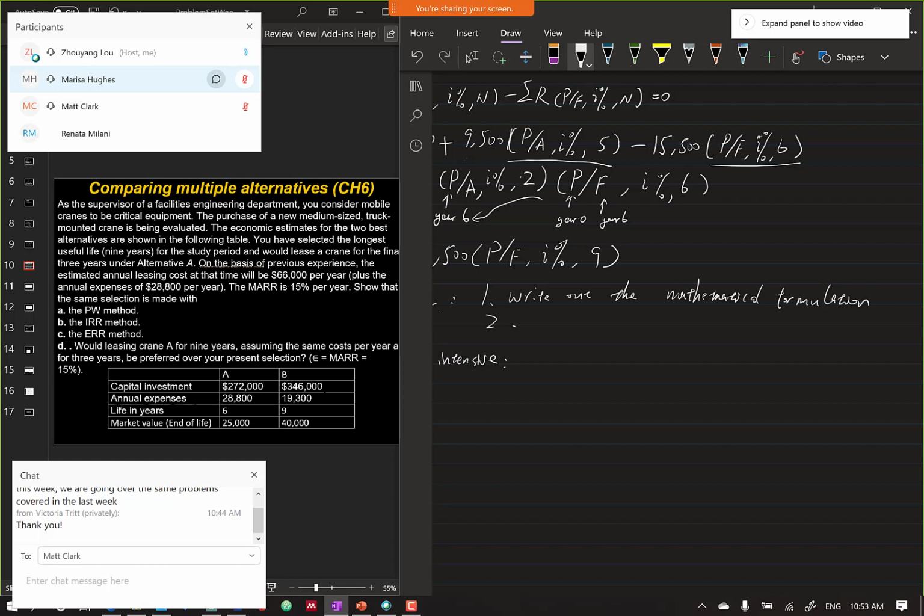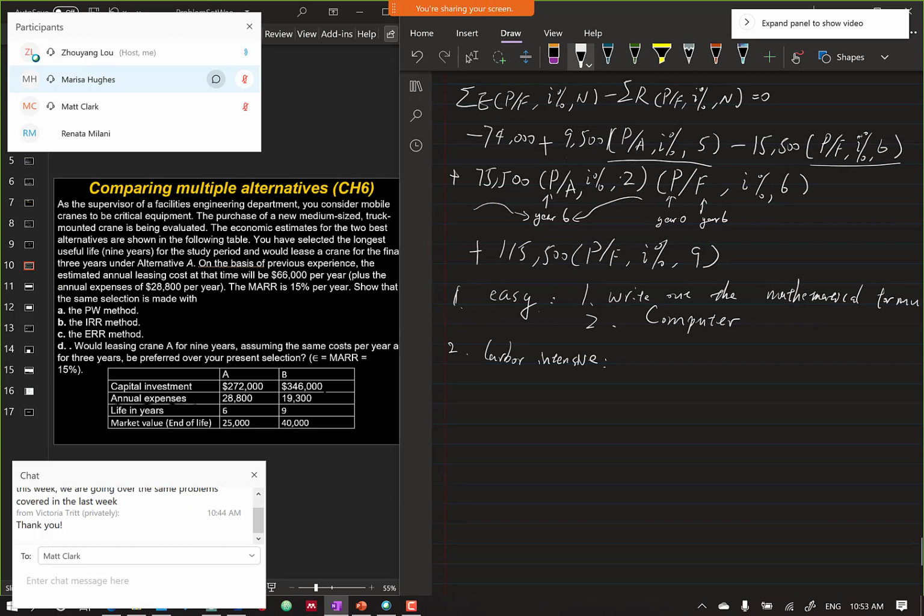The second step is to just use the computer to solve that equation. Since some of these factors include 1 plus i to the power of some year, it can become very complicated if you do that by hand. So instead you can just use a computer.